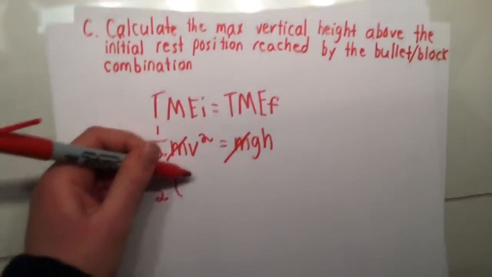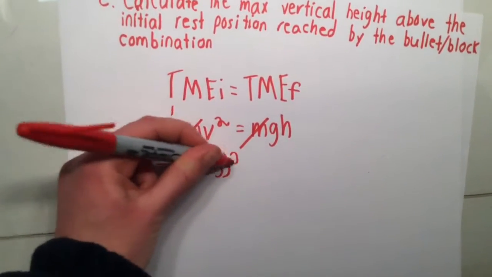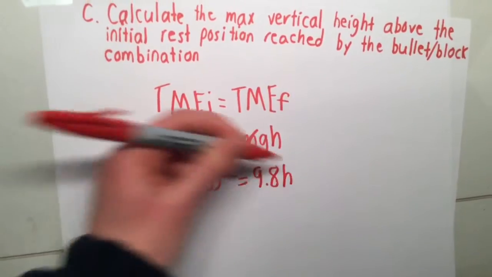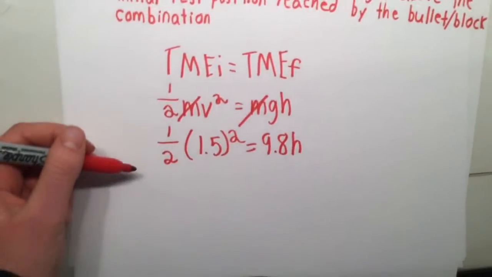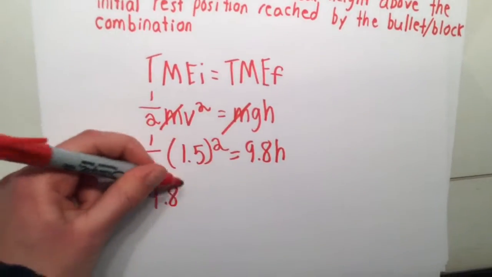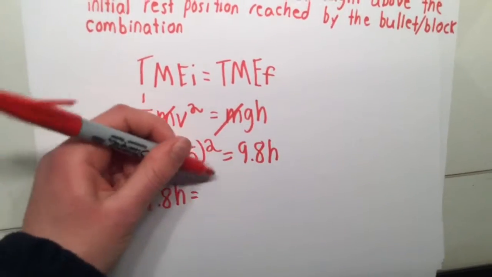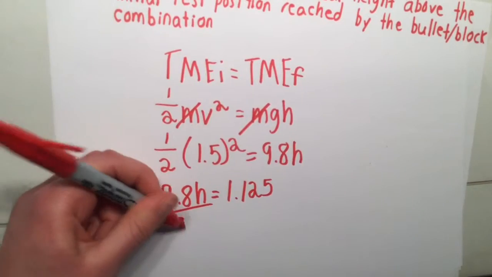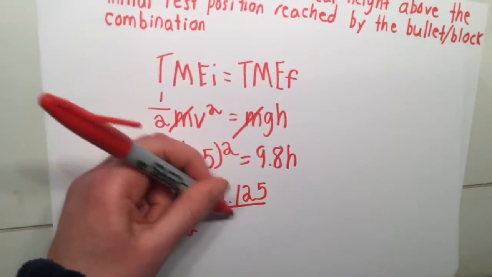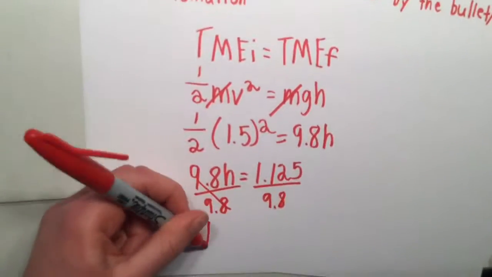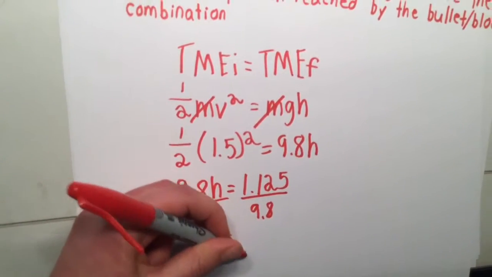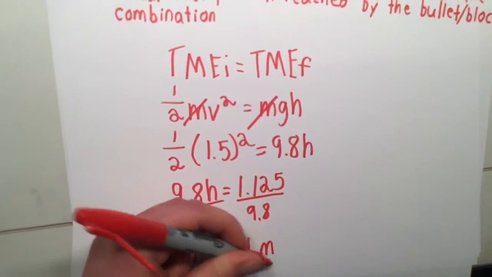So we have 1/2 times 1.5 squared equals gravity, which is 9.8, times the height, which is what we were solving for. So we get that 9.8 times the height is equal to 1.125. Divide by 9.8. And we find that the height is approximately equal to 0.11 meters.